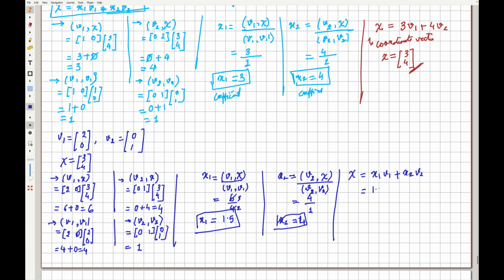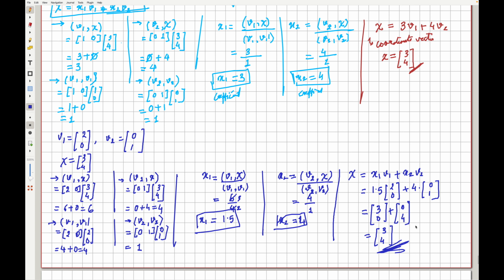So x1 is 1.5, v1 is 2 0, and then x2 is 4, v2 is 0 1, so we get 1.5 times 2 is 3, and then here we have 0 times 4 is 0 and 1 times 4 is 4. We add those two and we get a value of 3 4, and that's what we had above as well.